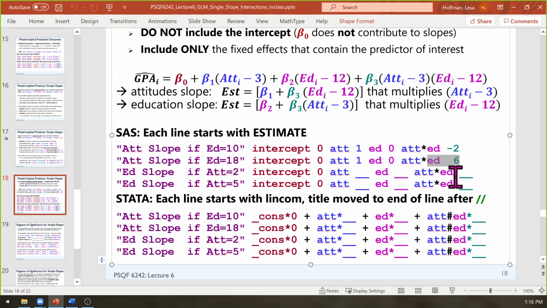Okay, now let's flip the story. Reviewer 2 doesn't think that the effect of attitudes is interesting. Reviewer 2 wants the effect of education. Okay, fine, Reviewer 2, this one's for you. So the education slope. Can I take a stab at it? Yes. So intercept and attitude will both be zeroed, because they're not a factor in this.